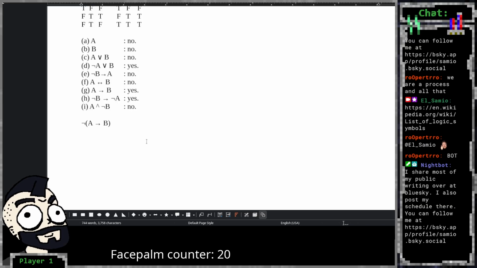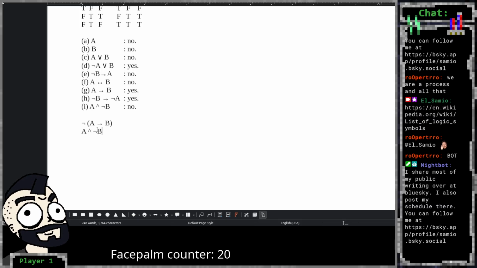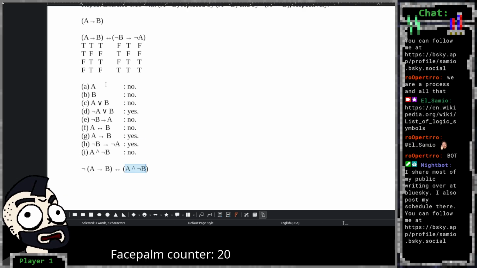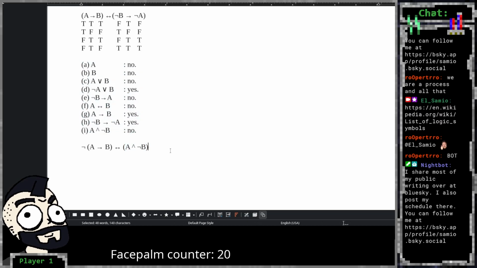Now, what is the only situation in which A implies B is false? Because in order for the negation to be true, this implication is false. We did this earlier. We know that this is equivalent to A and not B. It's much more intuitive to do the same exercise again.